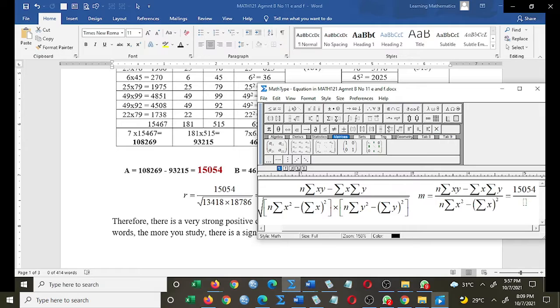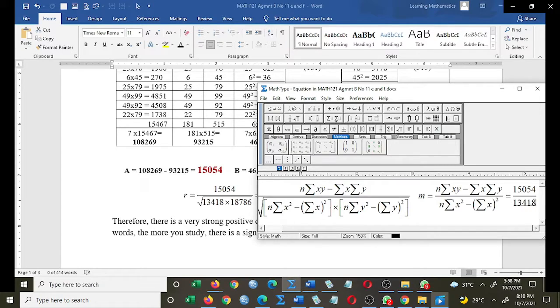What's the denominator? What comes here for our M? We used 15054 already. We have one number, two numbers, three numbers. We used one already. Which one of these numbers do you think comes in here as our denominator? 13418.